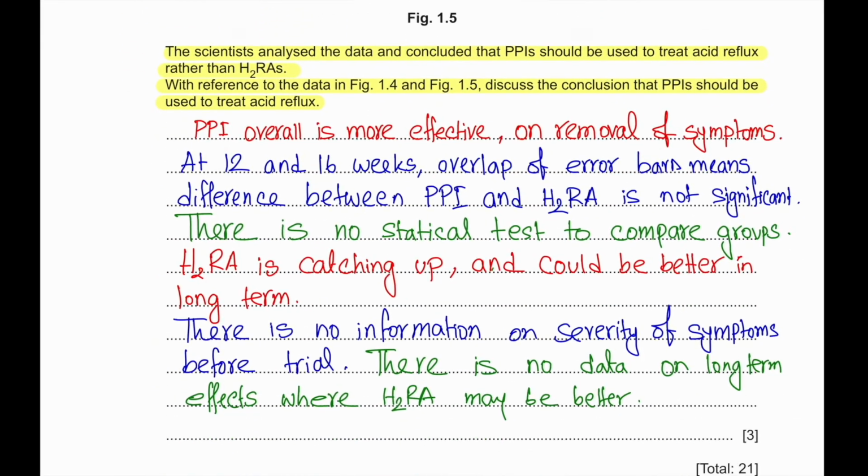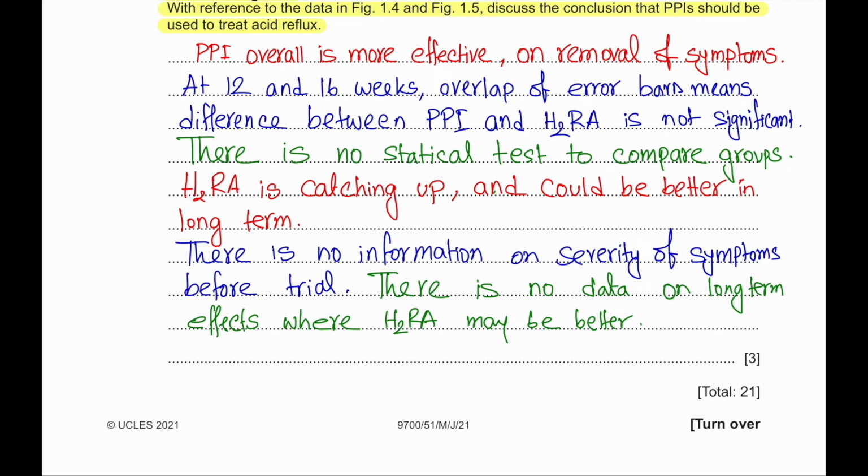Then another thing that we can comment on is that there is no information on the severity of symptoms before the trial. And severity of particular symptoms can be subjective from person to person. Pain is subjective from person to person, so there can be an error in that part. There is no data on long-term effect where H2RA may be better.